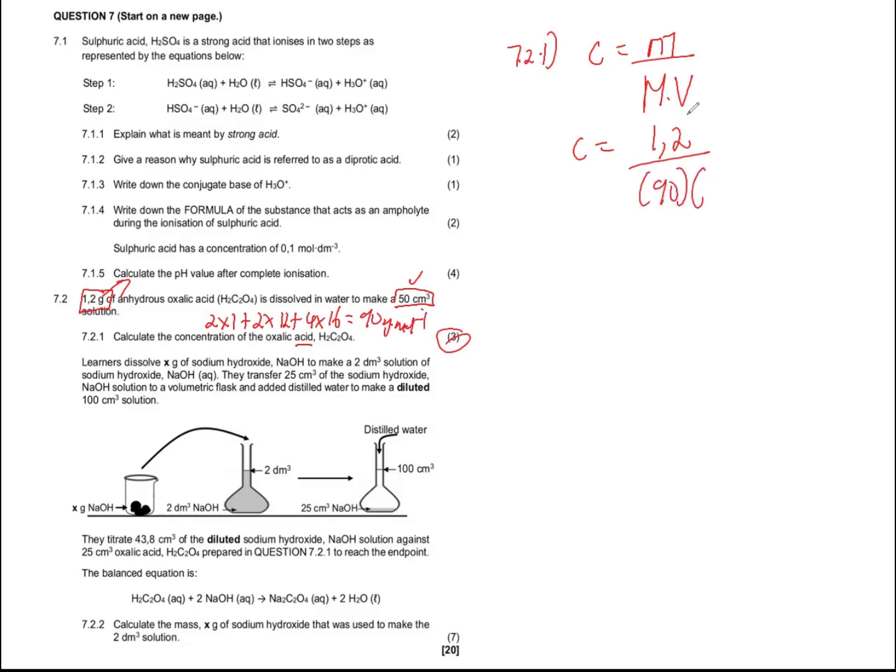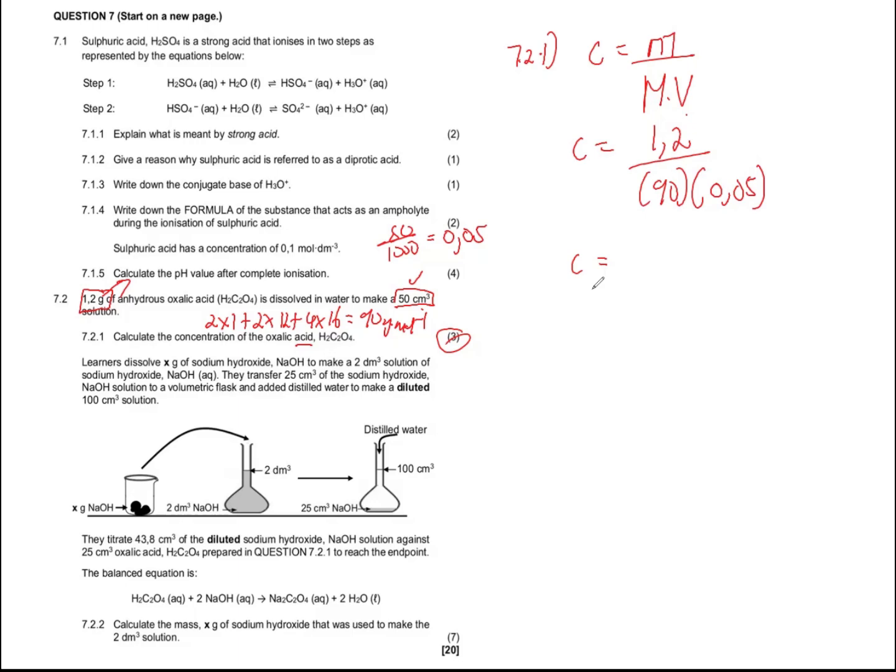And then V is for the volume, but we're not going to put the 50 as it is. We need to divide it by 1,000, right? So this will give us 0.05. And then if we punch it into our calculator, what do we get?